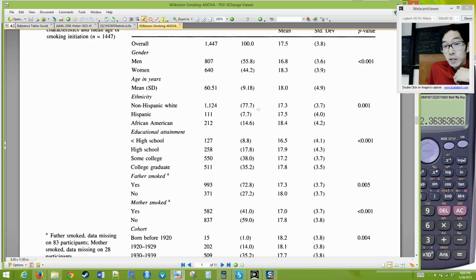It does not tell us which group, though, is the one with the different mean.